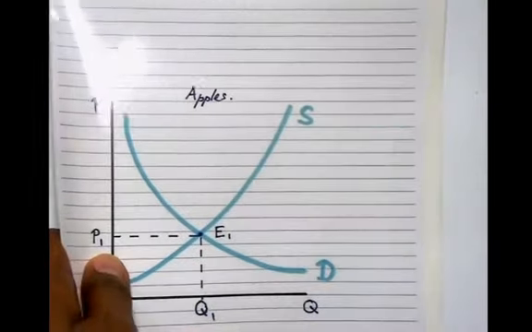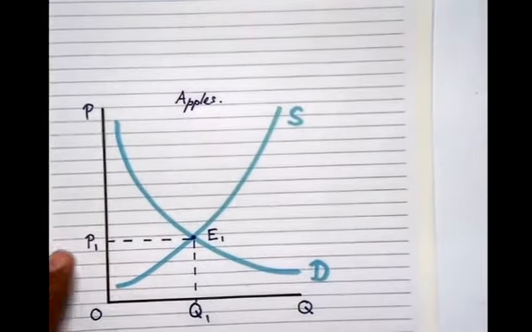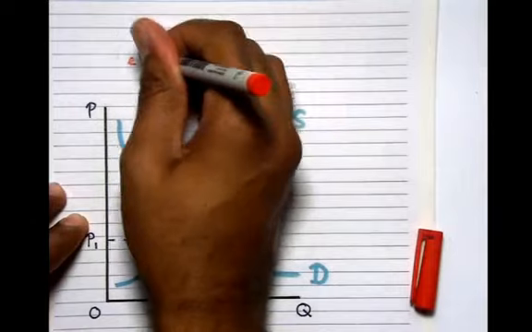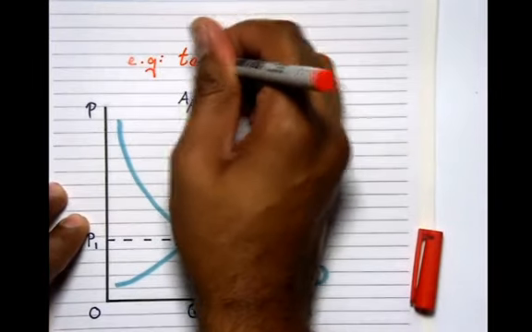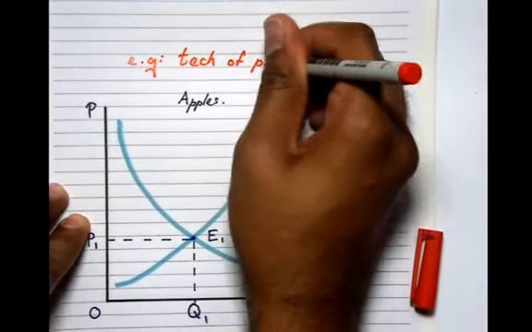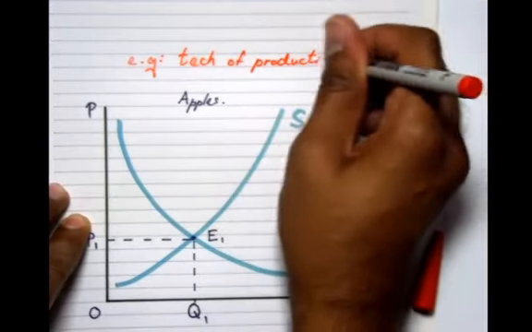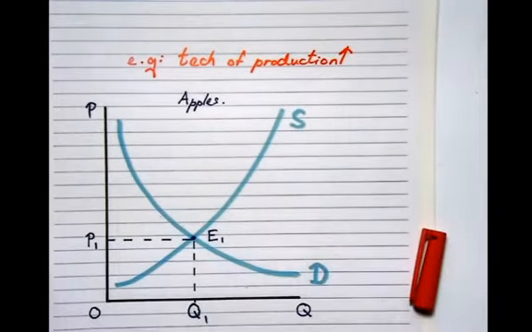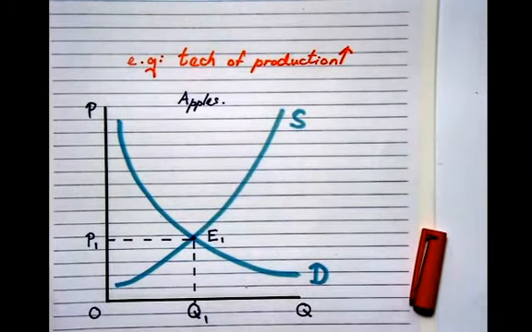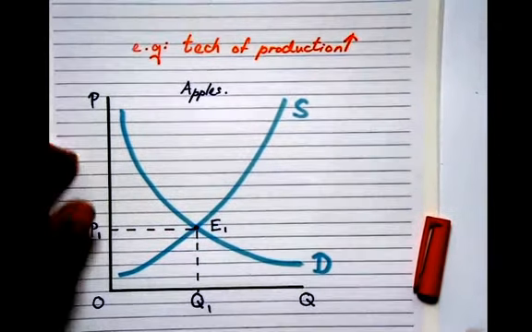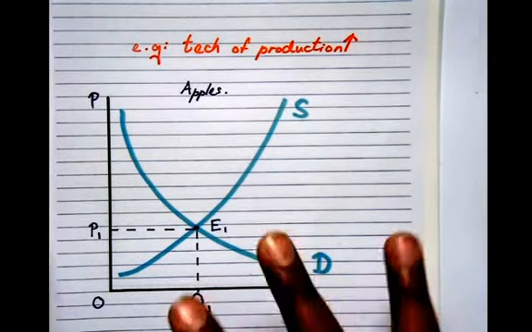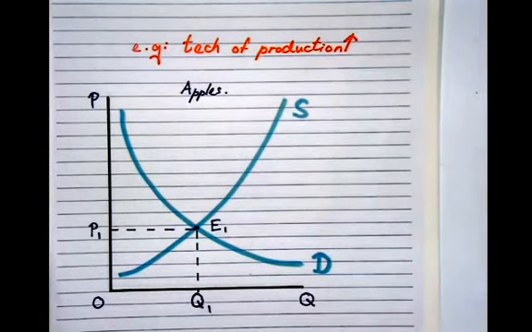Let's say there's an improvement in the technology of production. So not the technology of the product, technology of production. So what if there's an improvement in the technology of production? So always, step 1, start off with this blank graph. Step 2, figure out who the... So don't think 2 steps ahead and think what will happen to the price.